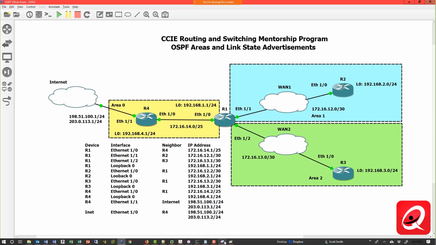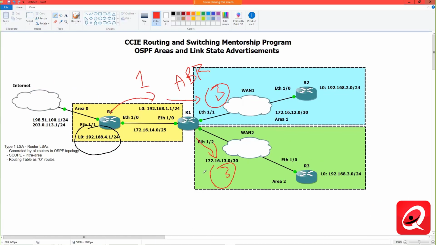So when a type 1 LSA crosses an area border router, it becomes a type 3. I'm going to talk about type 3s in a second in more detail. These are called summary LSAs for a reason, but they're not actually summaries by default. If I had 1,000 type 1 LSAs in area 0, they would become 1,000 type 3 LSAs in these areas as well.